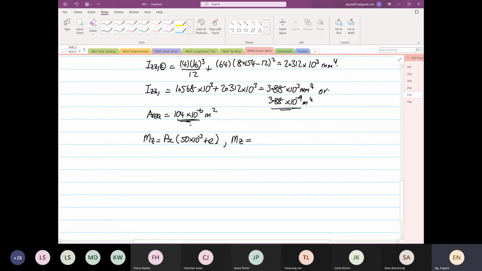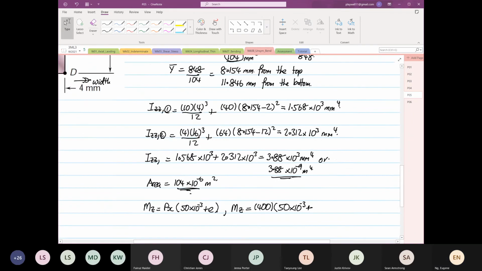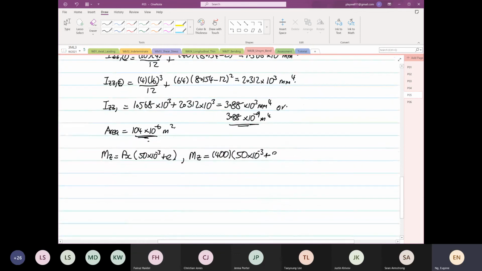So MZ is equal to 400 multiplied by 50 times 10 to the power minus 3 plus 8.154 times 10 to the power minus 3. So it's equal to 23.2616.